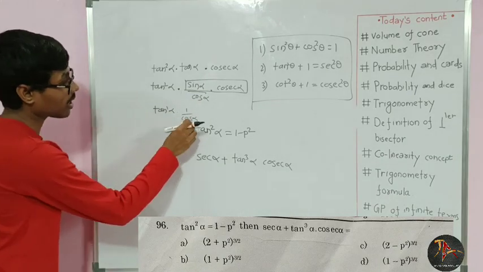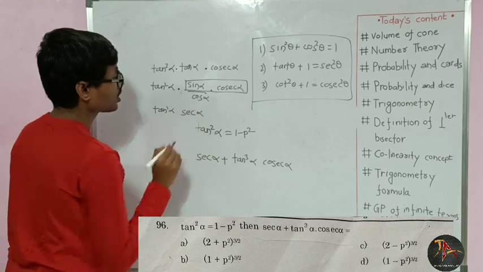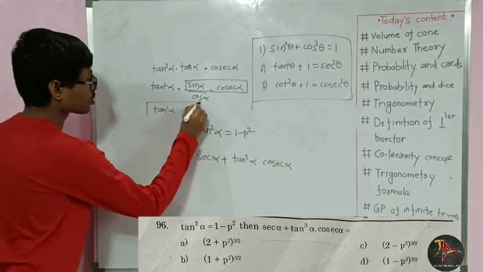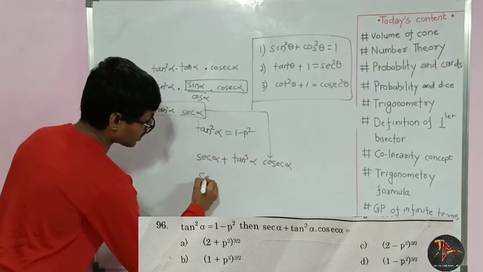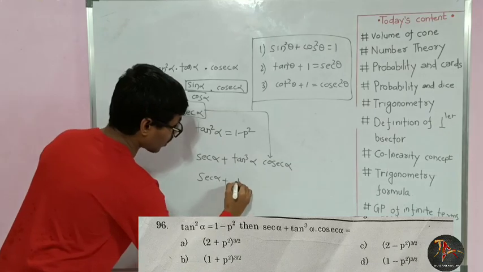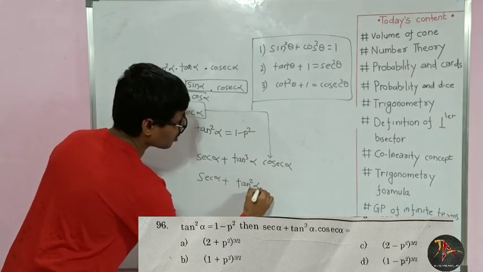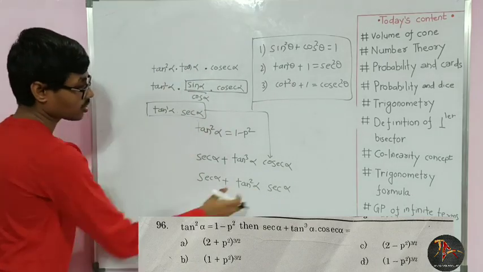But 1 divided by cos alpha is nothing but secant alpha. So I can write this entire value as: secant alpha plus tan square alpha into secant alpha.